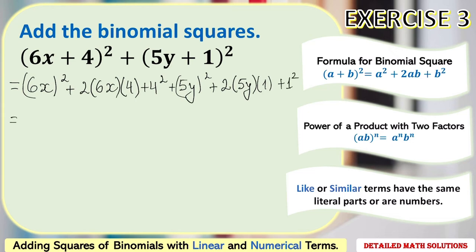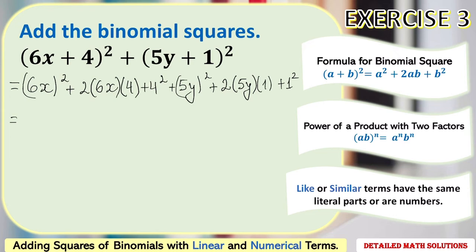Next, I need to apply the rules of exponents for power of a product with two factors. (a multiplied by b) to the power of n equals a to the power of n multiplied by b to the power of n.